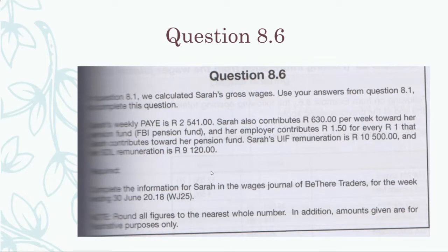So I'm going to give you 5 minutes to just complete the wage journal in your workbooks, and then we're going to discuss it, and then we'll move on to question 8.7 once we've completed the journal and how we transfer it to your general ledger accounts. Okay, if you've got questions, just type a question there in the chat function and I'll answer you.